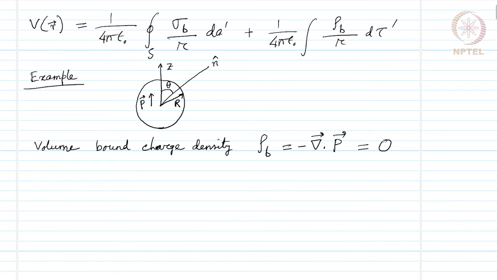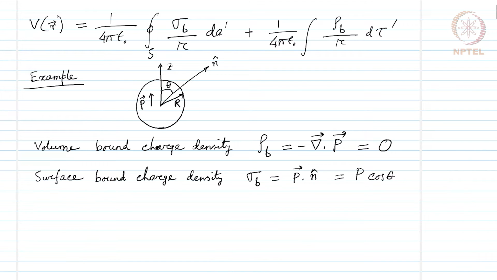And what is the surface bound charge density? That can be expressed as sigma b equals P dot n cap. n cap we have marked. That means it would be the polarization times cosine theta, where theta is the usual spherical coordinate theta.